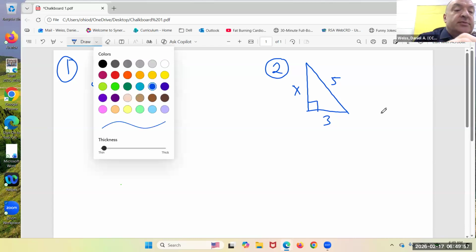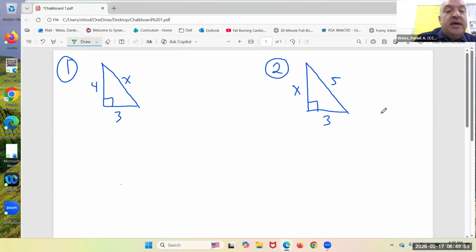All right. So, looking here, if you want to find out what the hypotenuse is, keep in mind, of course, a squared plus b squared equals c squared, meaning 3 squared plus 4 squared equals x squared, right? So you have to add 3 squared and 4 squared, and then you're going to take the square root.